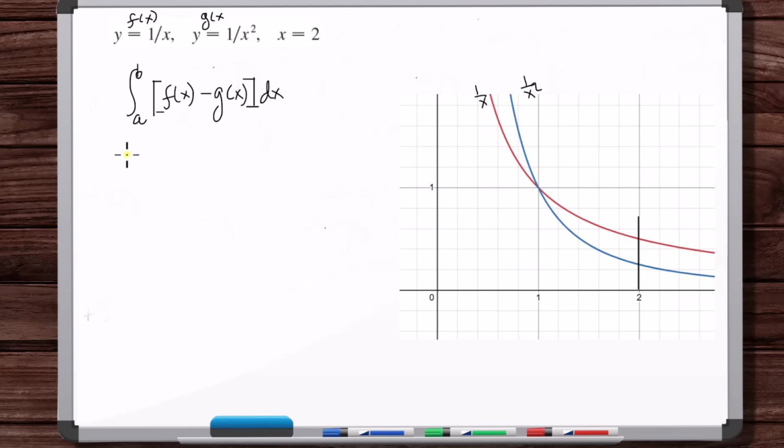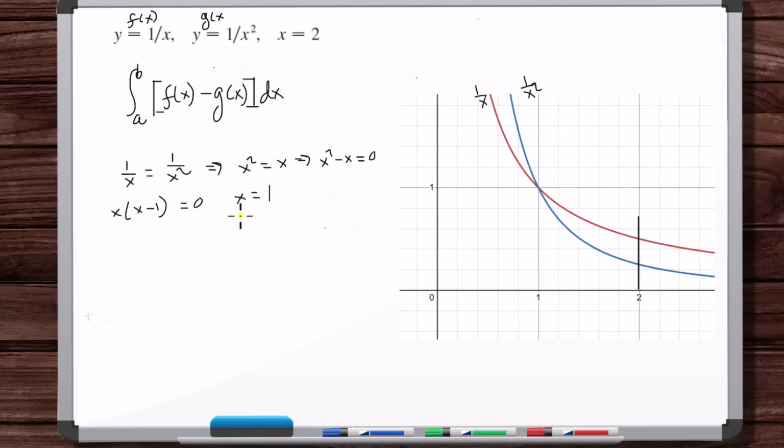Okay, so we're going from, it looks like x equals 1. Let's make sure that these two functions meet at x equal to 1. So 1 over x is equal to 1 over x squared. So x squared is equal to x. x squared minus x is equal to 0. x times (x minus 1) is equal to 0. So it's x is equal to 1.